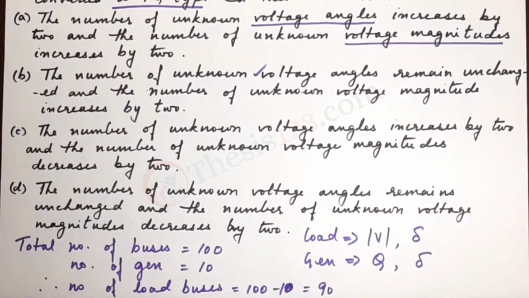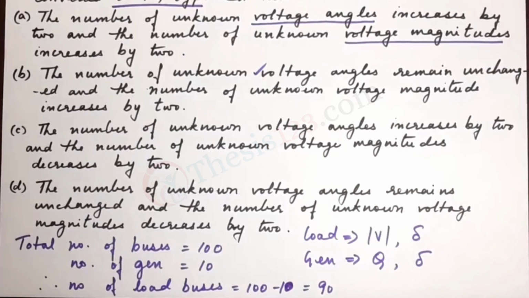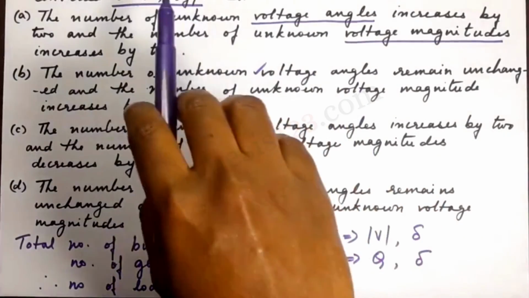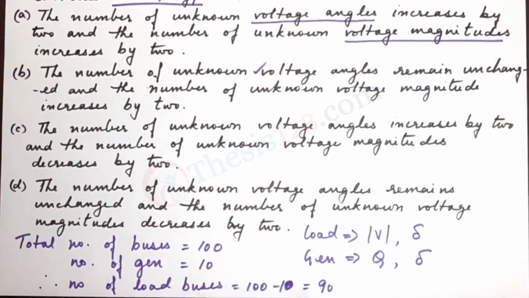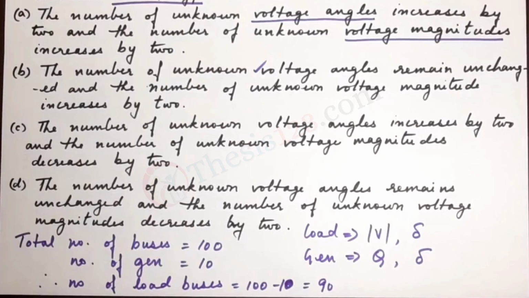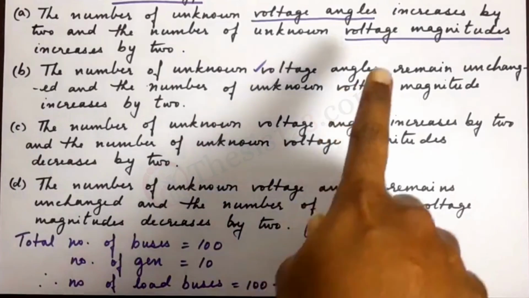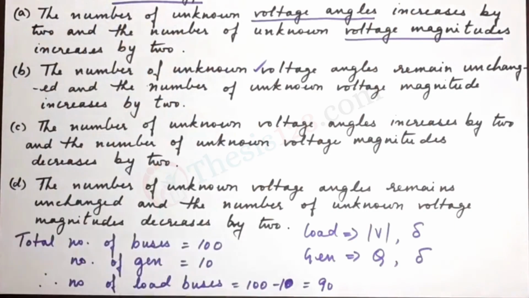Then next it comes down to the voltage magnitude, whether it increases or decreases. Now the question says that it is the Newton-Raphson load flow technique. Now during the iteration, 2 generator buses are converted to PQ type.